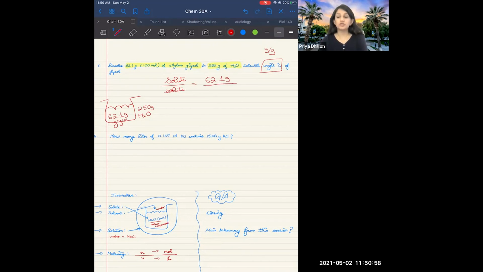And guys, what is my solution? So they're not asking for solvent, they're asking for solution. And again, just a reminder, solution is solute plus solvent. So give me the answer in numbers. What would it be?